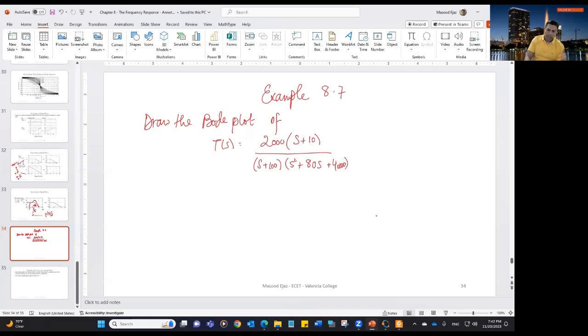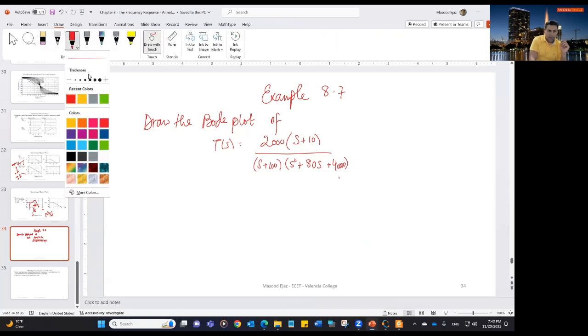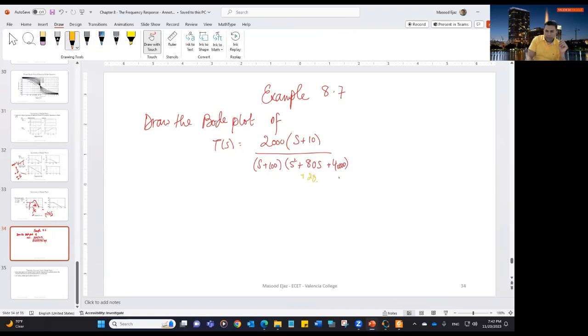So in this case, of course, I did the calculation beforehand. This is 2 zeta omega n, which is 80, and this is omega n squared, which is 40,000. So omega n, I took 200.